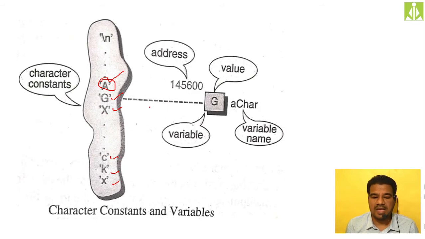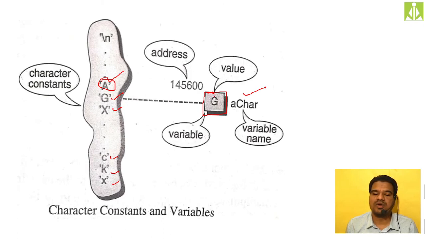Likewise, whenever you are creating a character variable, let us say I am declaring a character variable, and the name I have given to this variable is a char. When I am declaring this a char variable and giving it this identifier, I get one memory location, because a character occupies only 1 byte of memory.